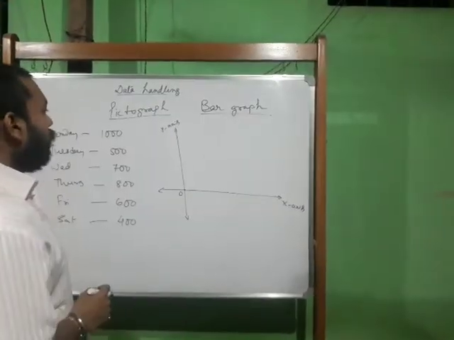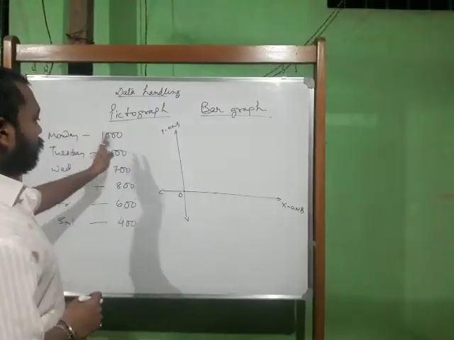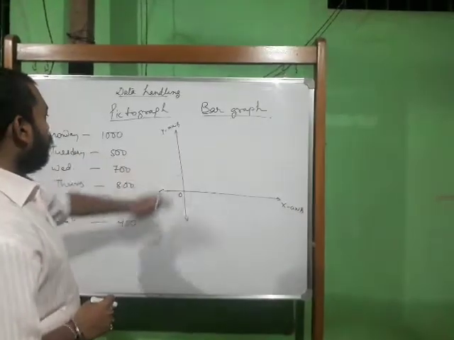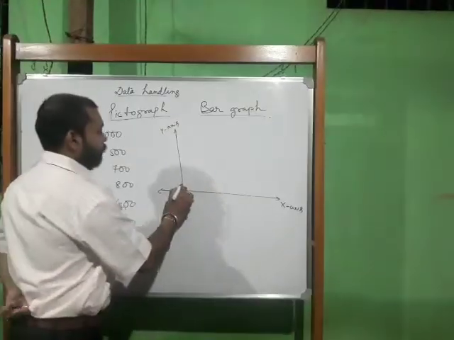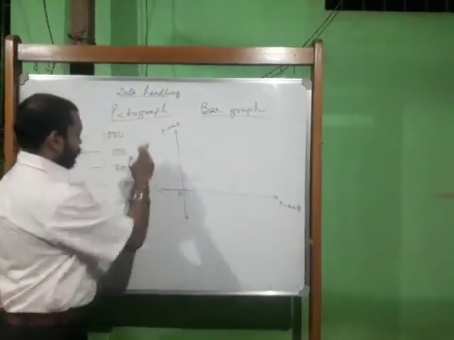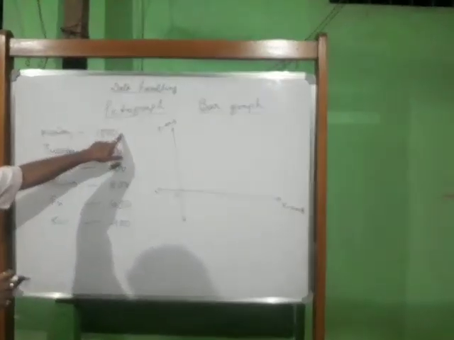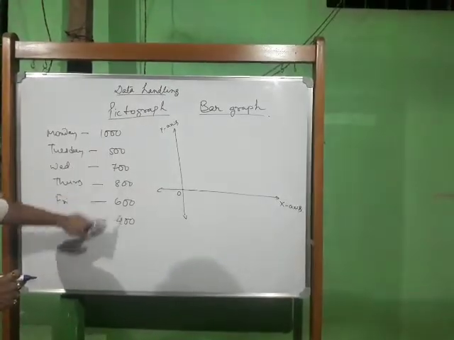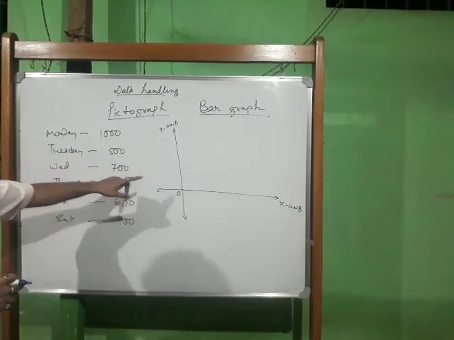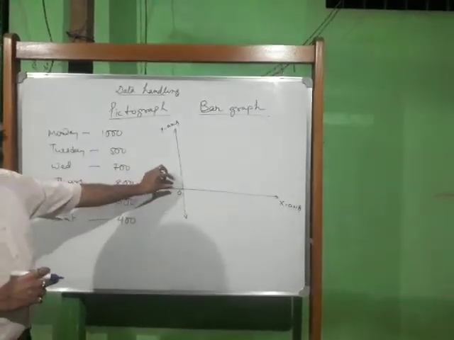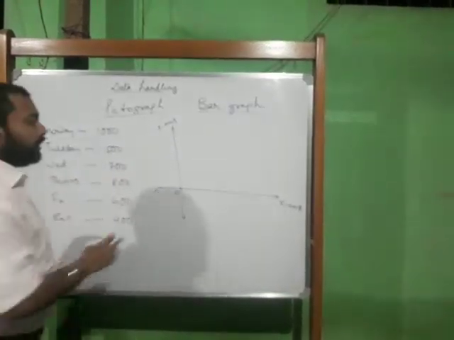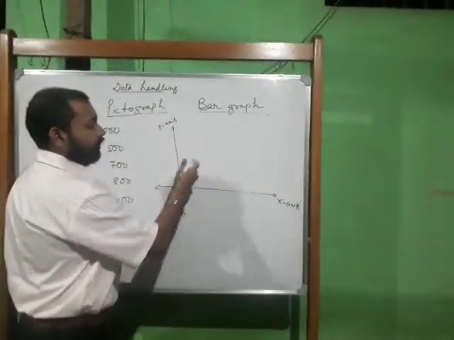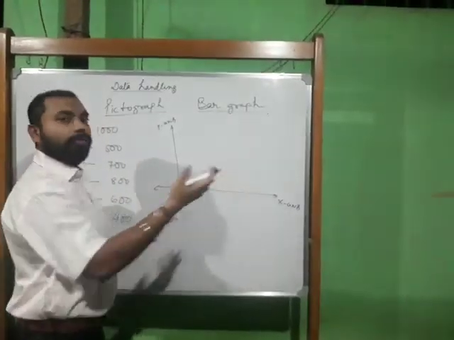Now you see, let us do scaling. Let us make here 10 divisions, because the highest value is 1000 and the lowest is 500. So let us take 1 division equal to 100 units. If you do it on graph paper, it will be very easy.